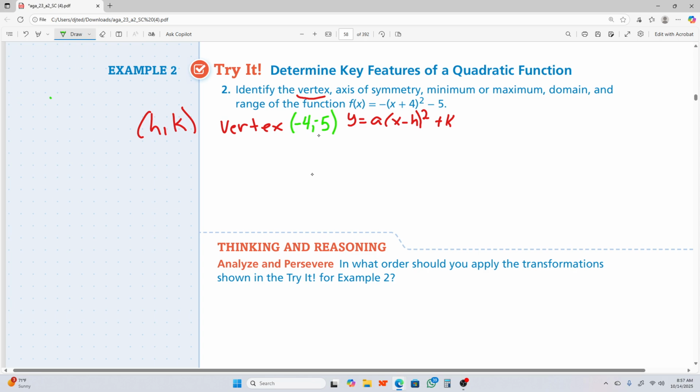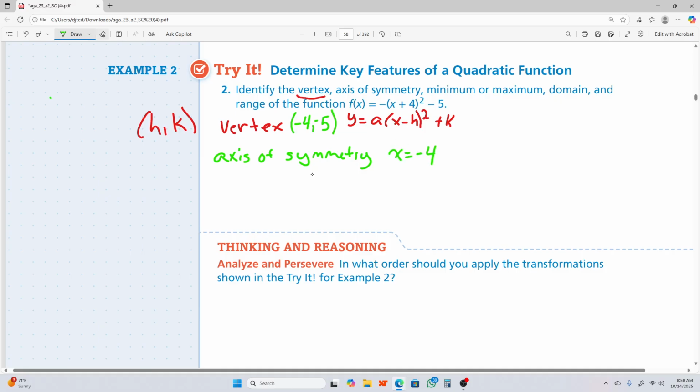And then your axis of symmetry, once you have the vertex, the axis of symmetry is right here. It's the x coordinate of the vertex. And your axis of symmetry is always going to be an equation, at x equals -4.